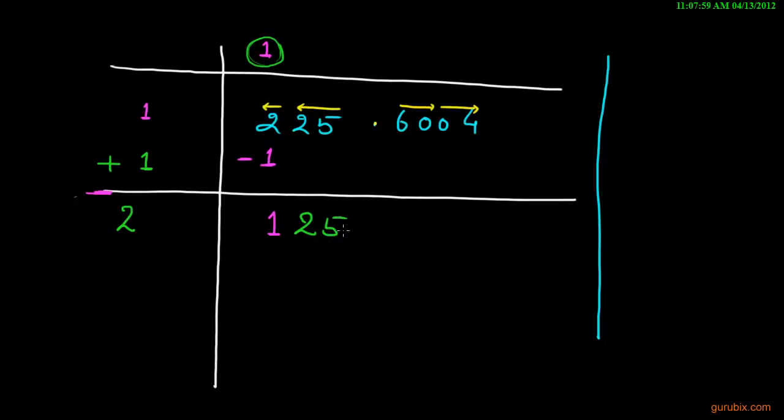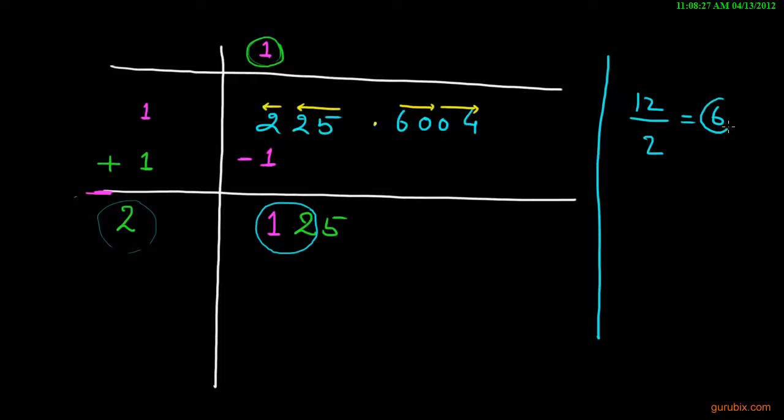And now we shall find the next digit in the quotient, and we can find it like this. We shall keep aside the unit digit of this number, that is 5, and take the number formed by the tens digit and hundreds digit, which is 12. Now we shall divide this 12 by this 2, so we get 6.